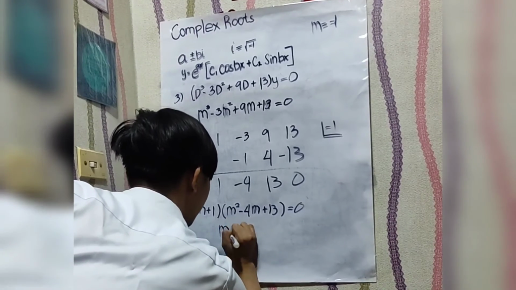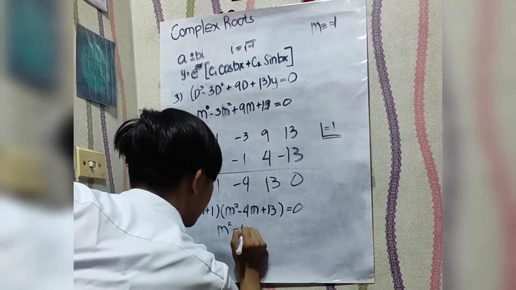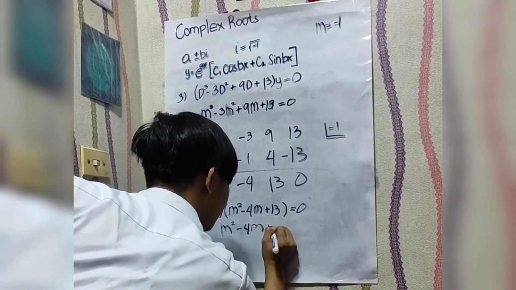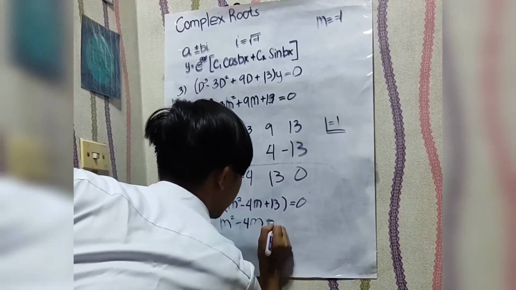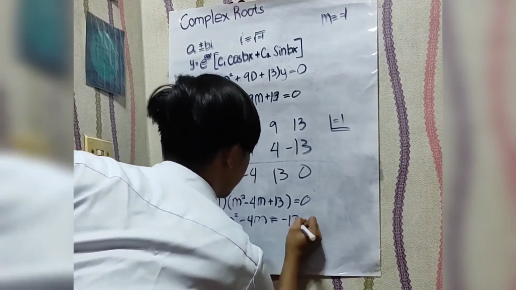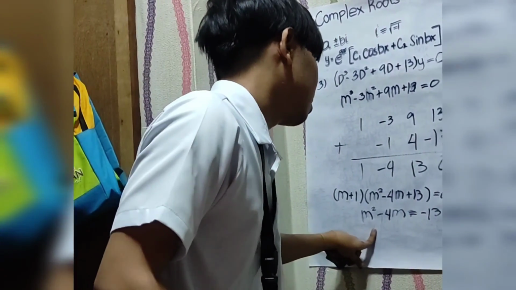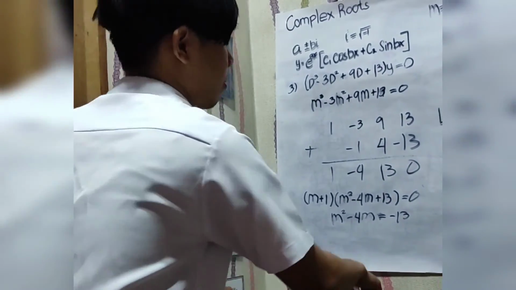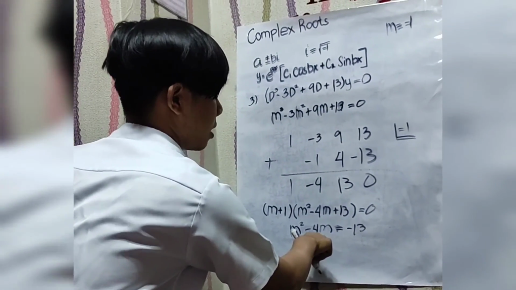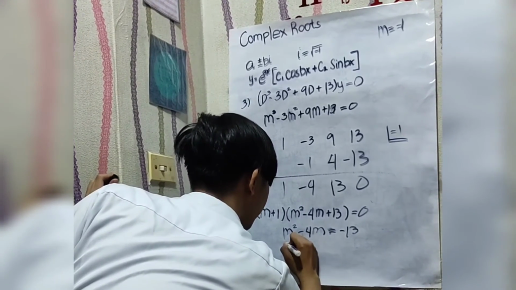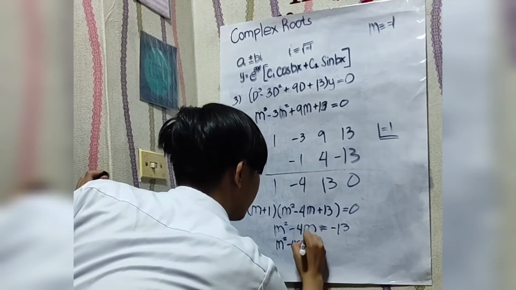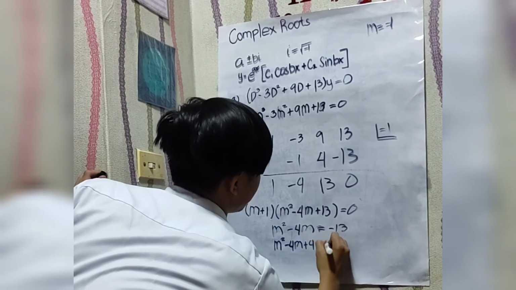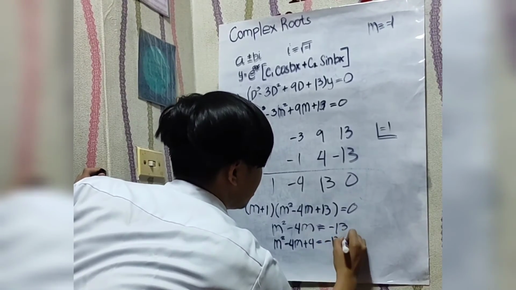Dito, kukunin natin yung roots sa m squared minus 4m plus 13. Lipat na natin yung 13, equals to negative 13, kasi ang gagamitin natin is completing the square. I-divide natin ang 4m sa 2, so m squared minus 4m plus 4 is equals to negative 13 plus 4.